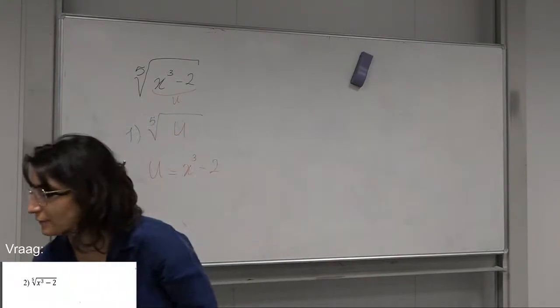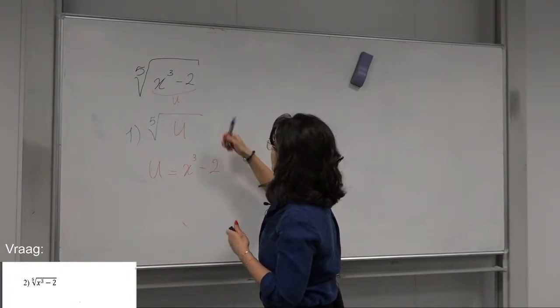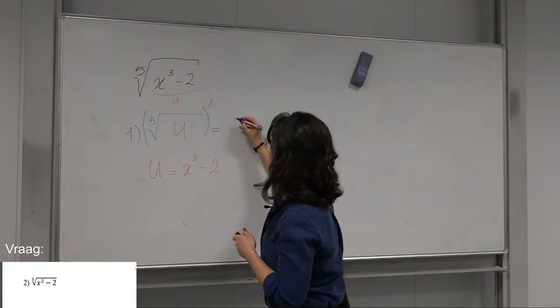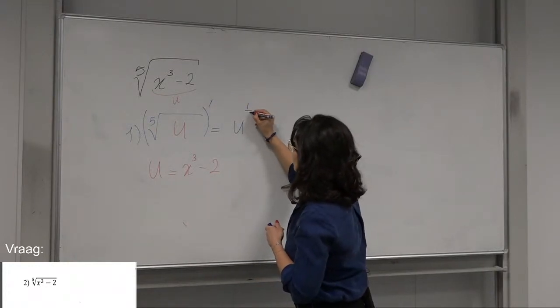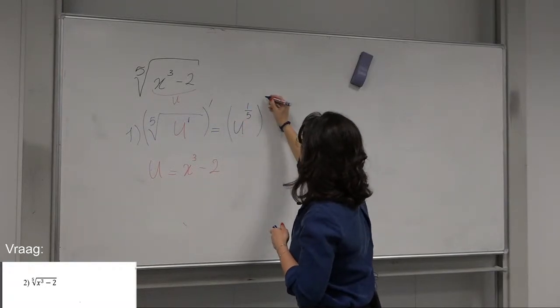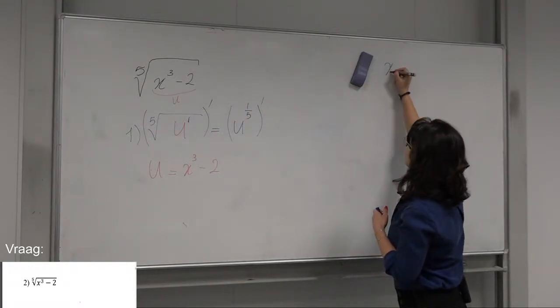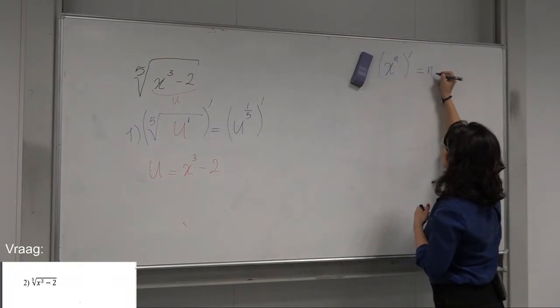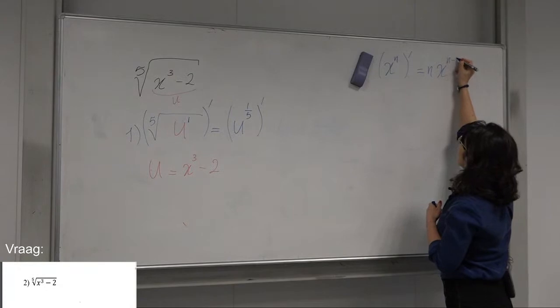Now I do the derivative for each. If it is the function u to the power of 1 divided by 5, because there's a 1 here, and according to this rule, the derivative of x to the power of n is n x to the n minus 1.